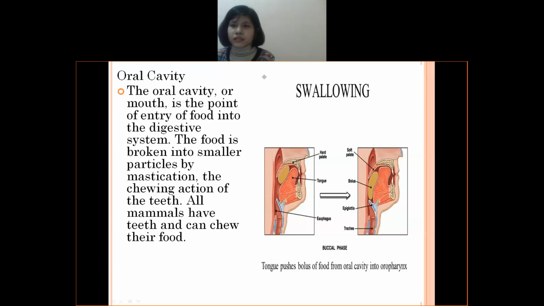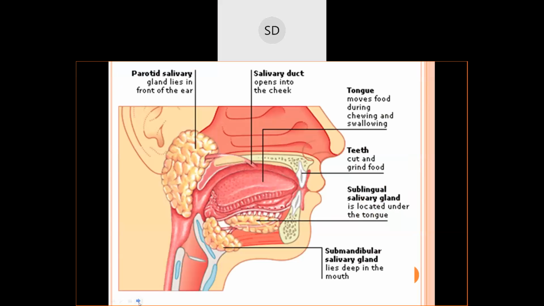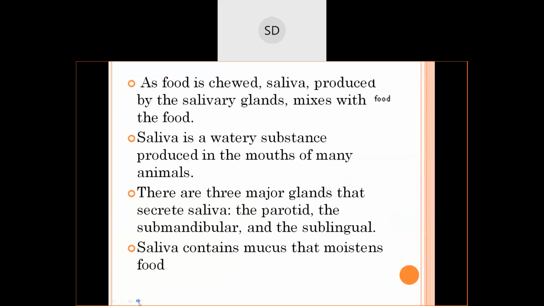The food is broken into smaller particles by mastication, the chewing action of the teeth. All mammals have teeth and can chew their food.